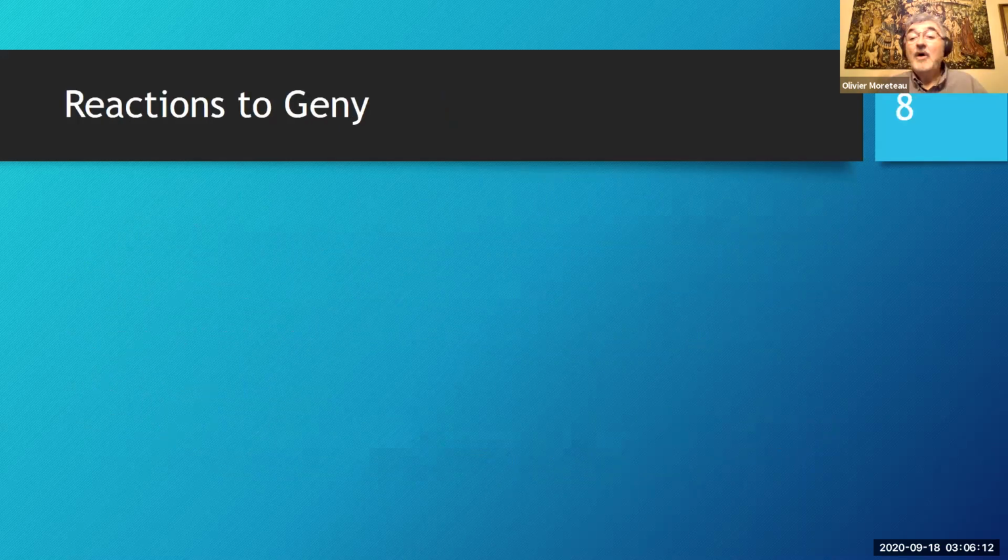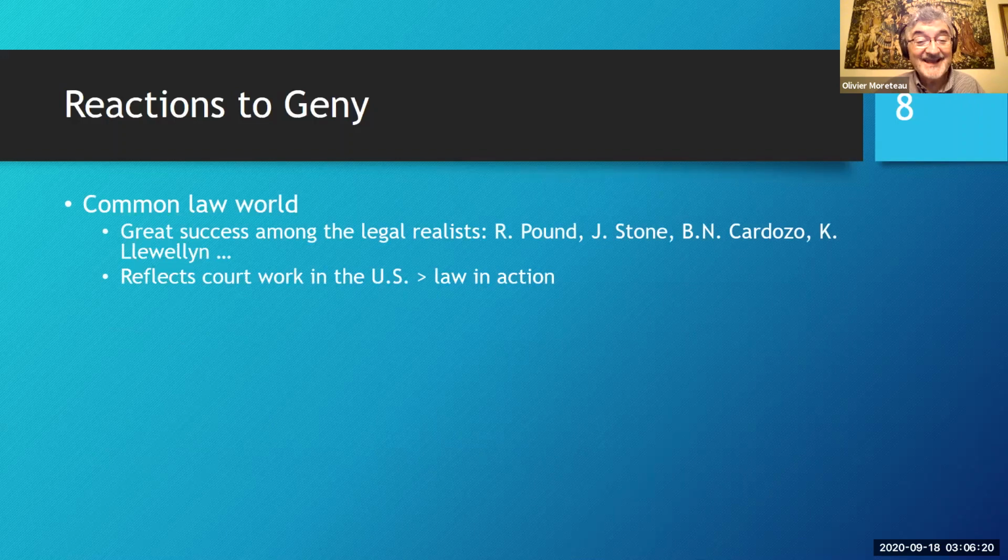Now, what was the reaction or the response to the thinking of François Geny? Let me start with the common law world. Interestingly, the ideas of Geny were welcomed in a very friendly and enthusiastic manner by a number of American scholars, and particularly the legal realists.